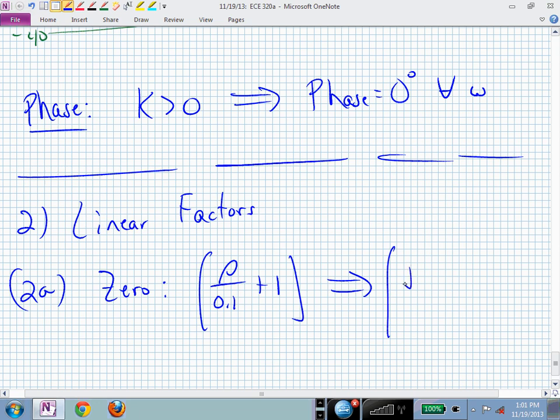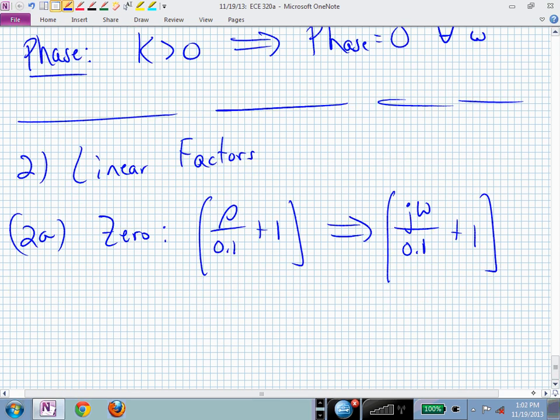So the s now becomes j omega, and we're now trying to sketch this factor j omega over 0.1 plus 1 for all frequencies, both its magnitude and its angle or phase.